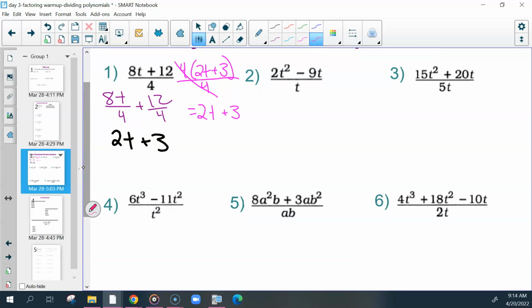Let's do, and then moving forward you can choose, do you want to do the factoring method or the dividing method? I'll do both for this one, but then moving forward I'll just do one. So if we're doing the dividing method, we would write these both over t.